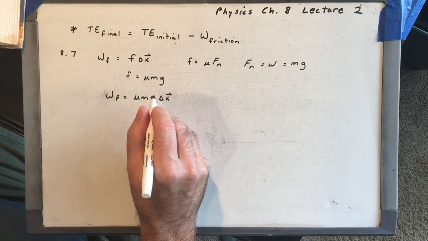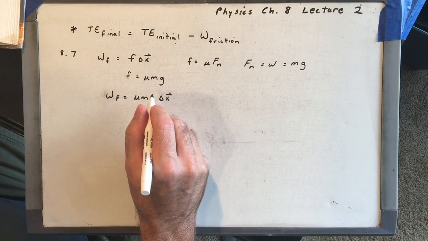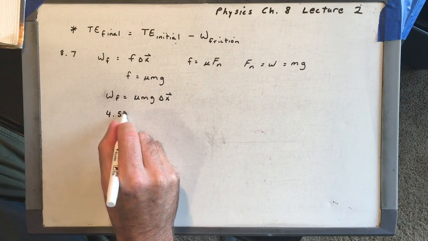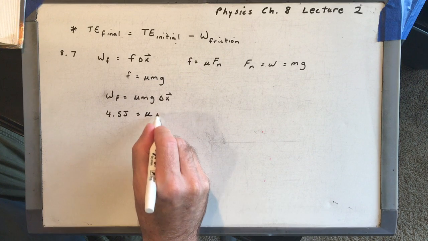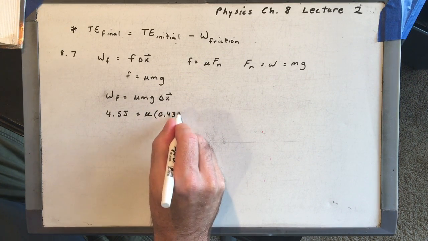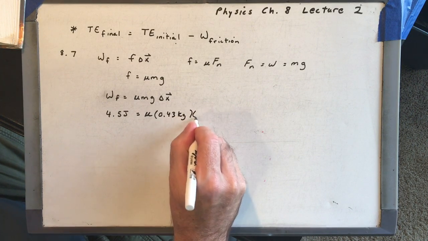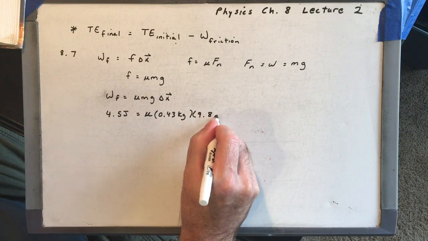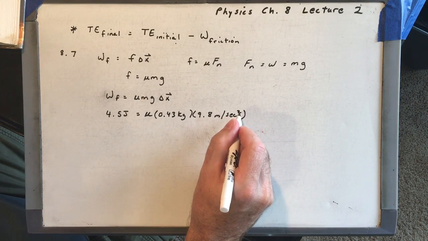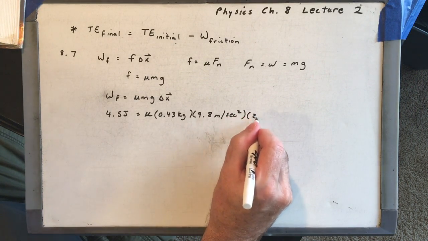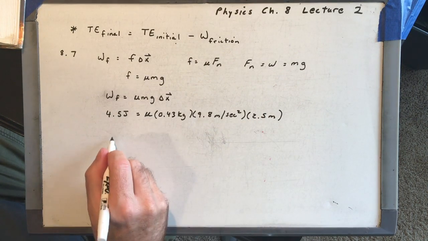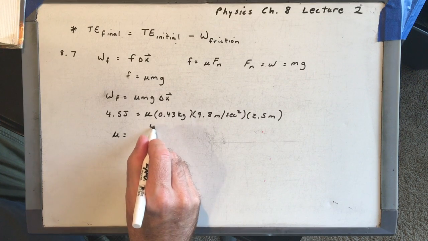All right, so this time they gave us the work. So that's 4.5 joules. We want to know mu. The mass is 0.43 kilograms. Gravity 9.8. And then the distance that it traveled is 2.5 meters. So mu is going to be 4.5 over 0.43 times 9.8 times 2.5.